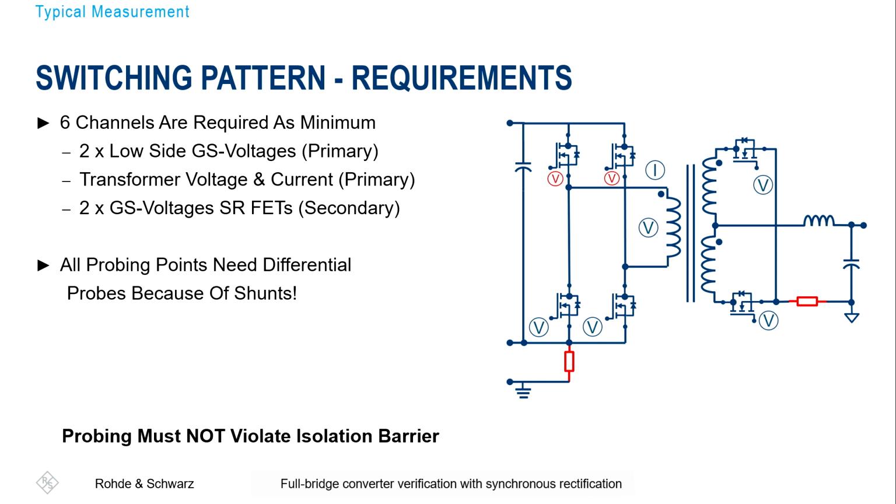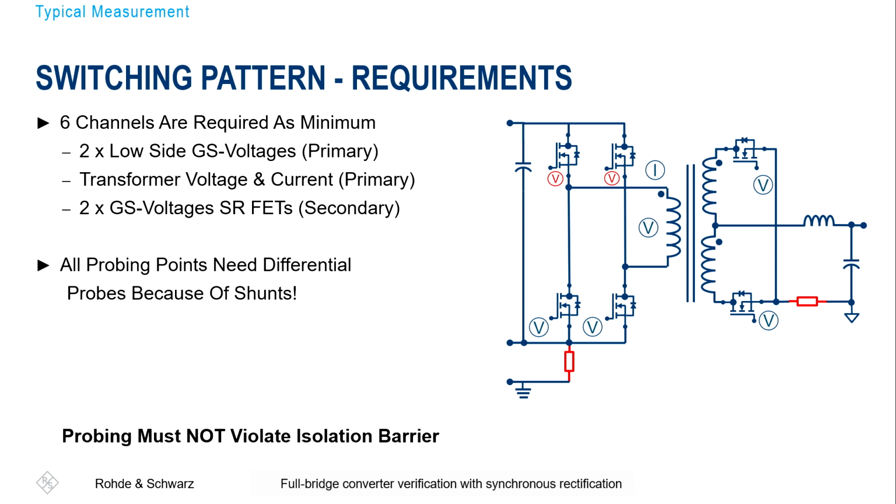We also don't want to short this ground with this ground here. When you connect your passive ground lead here, you have basically shorted your system via the oscilloscope. And this is exactly what we don't want, because you must not violate your isolation barrier.